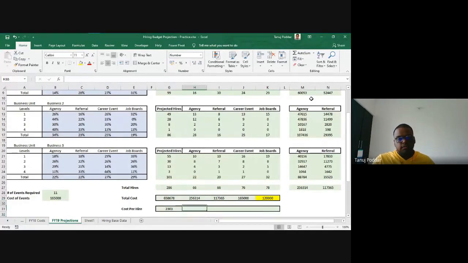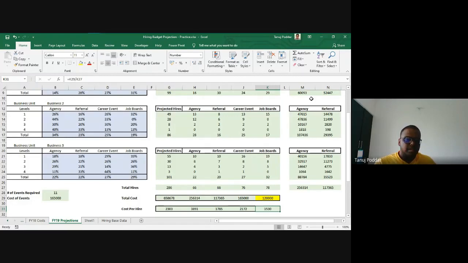Okay. So for each of these hires now, right, each of the areas, I can calculate what is the cost per hire or the average cost for hiring people, right? I can just use these values here just to do the calculation, and I will get what kind of cost I am going to incur, right?